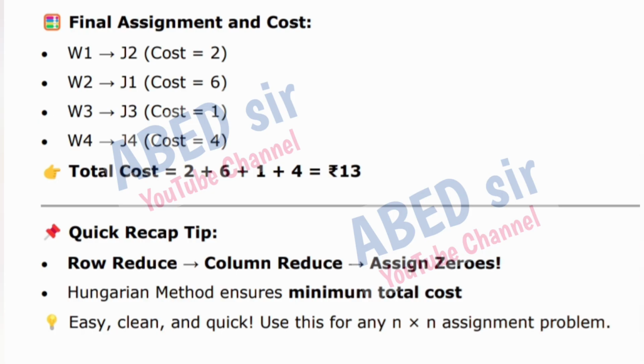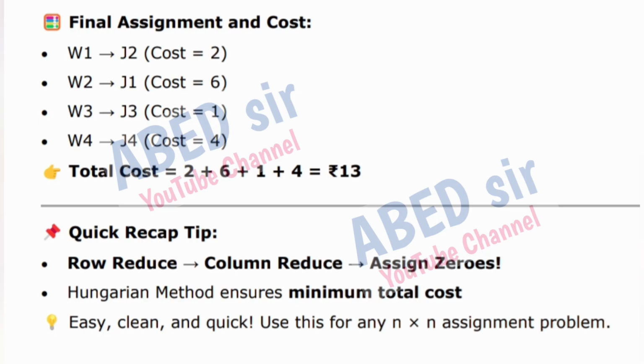Final assignment and cost. W1 J2 cost is equal to 2. W2 J1 cost is equal to 6. W3 J3 cost is equal to 1. W4 J4 cost is equal to 4. Total cost is equal to 2 plus 6 plus 1 plus 4 is equal to 13 rupees.